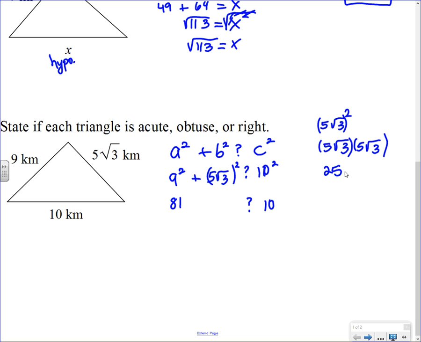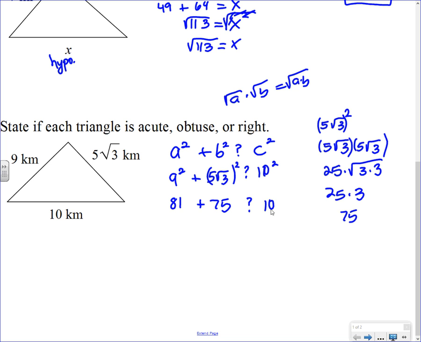I'm going to use this rule: if you have radical a multiplied by radical b, the answer would be radical of a times b. So in this case, radical 3 times 3. Now I have 25 times radical 9. The square root of 9 is 3. So 3 times 25 will give you 75.